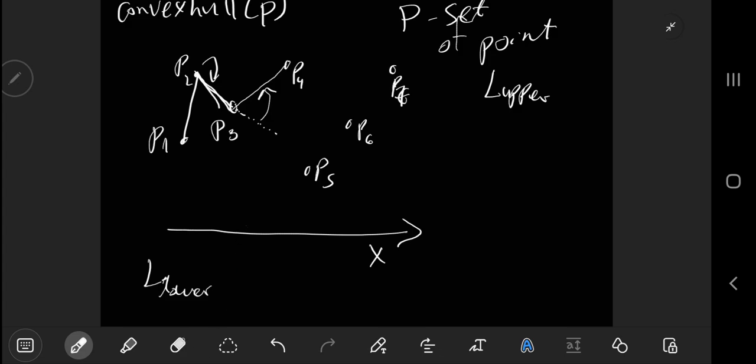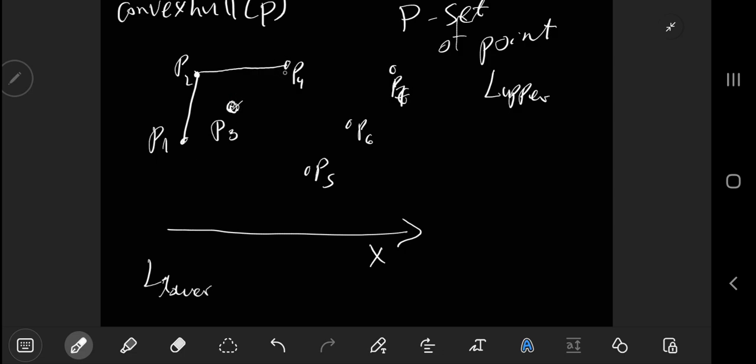I remove it from the L upper and connect the 2 outer points, where the middle one I just threw away.